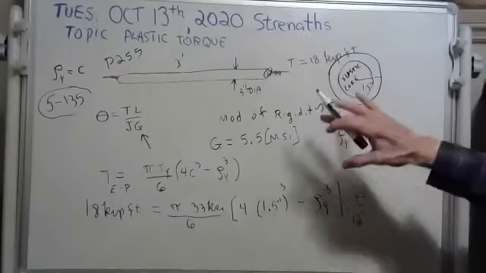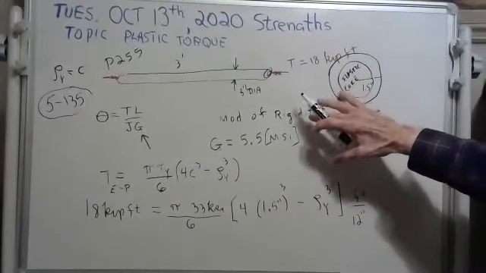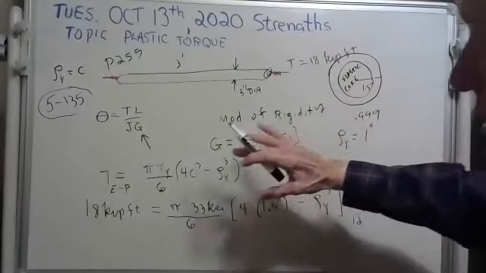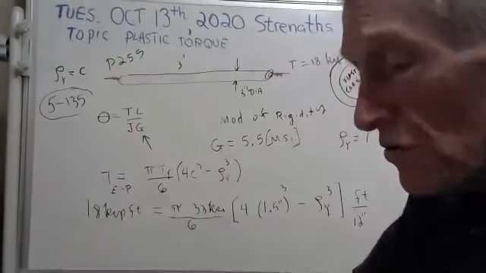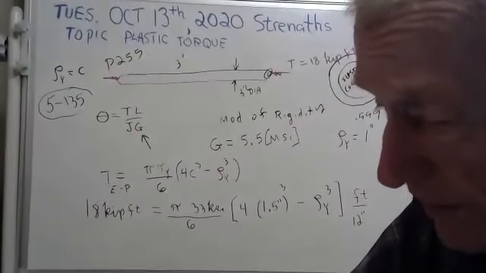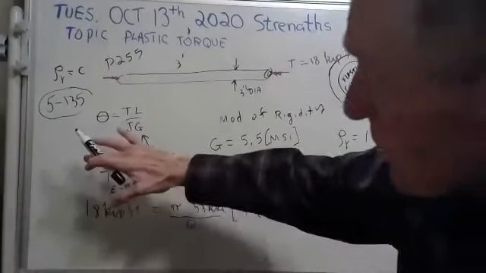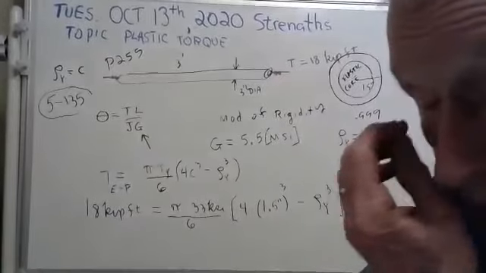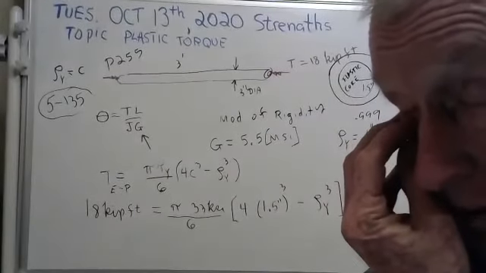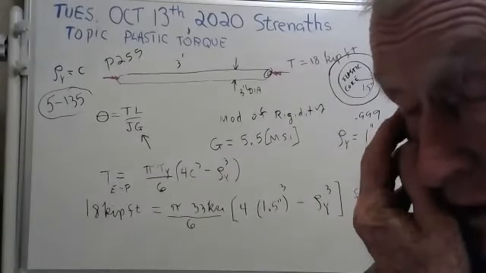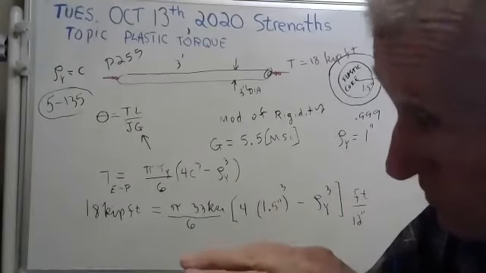But see, this thing does have an elastic region, but it also has this plastic region. So you can't use that equation to find the angle of twist. You'll get the wrong answer. This equation only works if you're in the elastic region strictly.